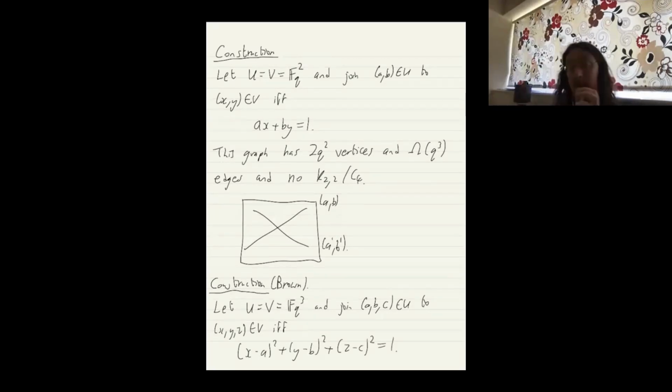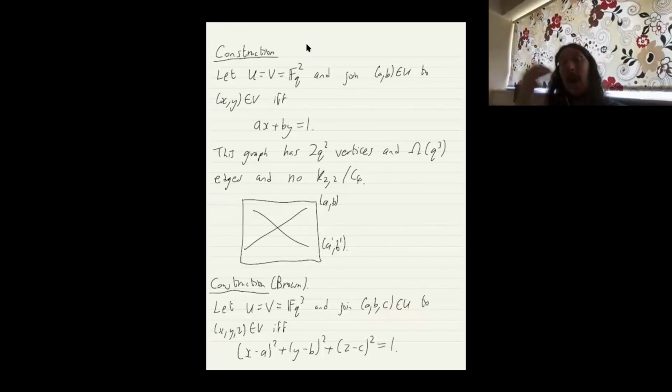So again, we think of it as, if you fix a, b, and c, then what you get on the other side is that this is connected to a sphere of radius 1. Now, if you cheat slightly and think about this in terms of what happens over the reals, then over the reals, if you have 3 spheres of radius 1, those 3 spheres intersect in at most 2 points.